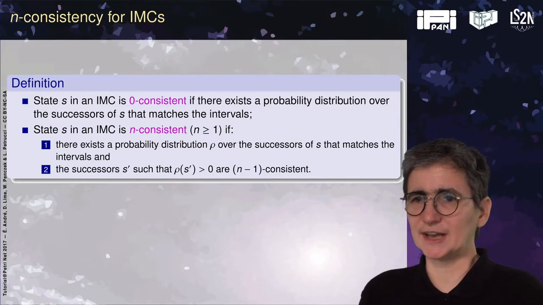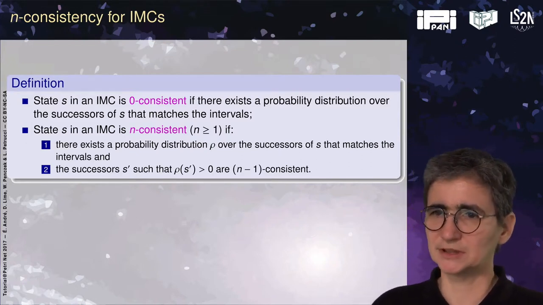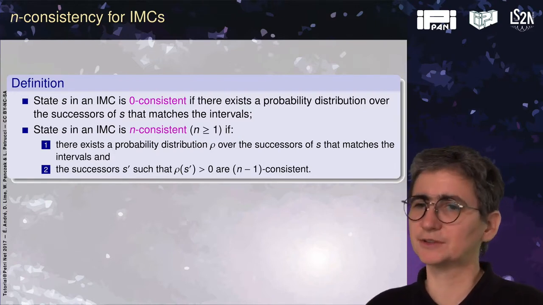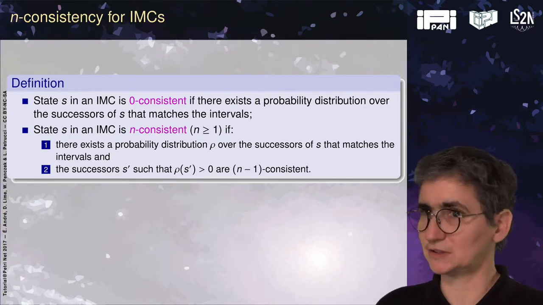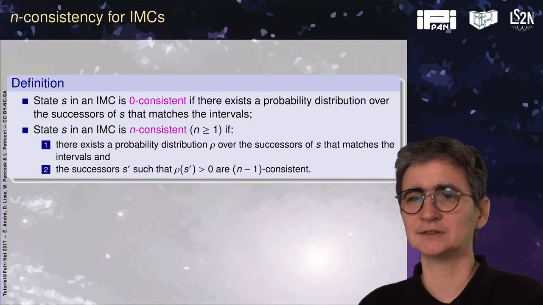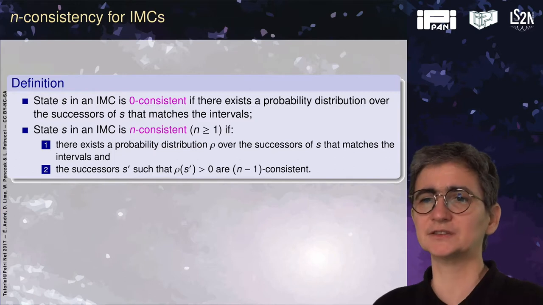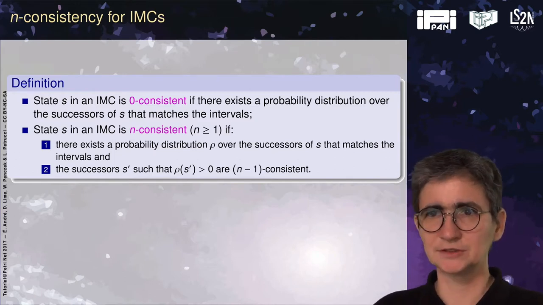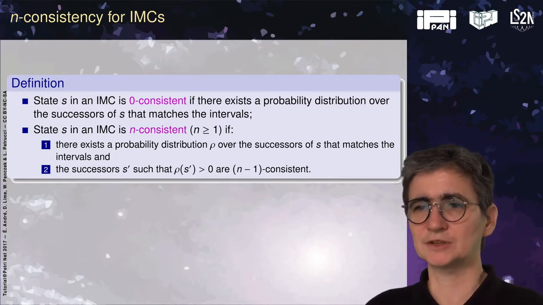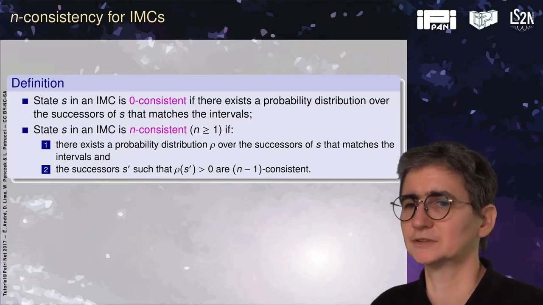Then we say that a state S is n consistent, with n greater or equal to 1, if there exists a probability distribution over the successors of S that matches the intervals, so it's similar to zero consistency, but also that the successors S prime considered in this distribution, that we can obtain by firing a transition with a strictly positive probability, are n-1 consistent.